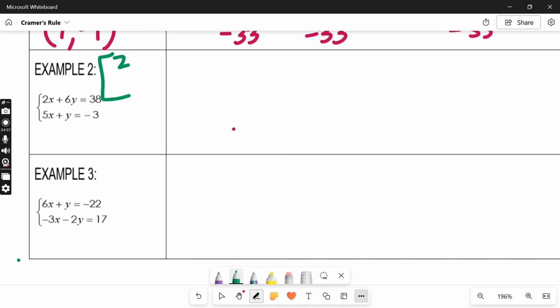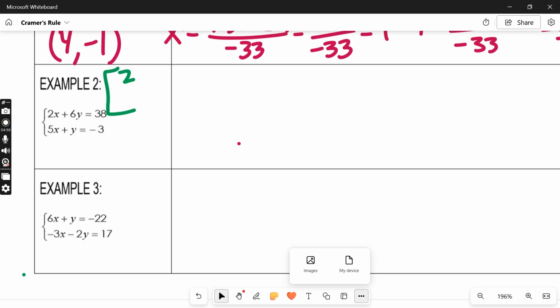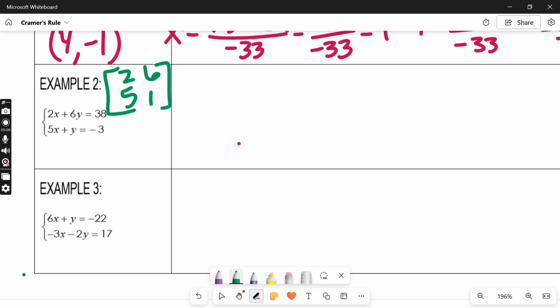My coefficient matrix is 2, 6, 5, 1. So my determinant is 2 times 1 minus 5 times 6, which is negative 28. To find x, I'm going to replace the x coefficients with 38 and negative 3. So 38, negative 3.